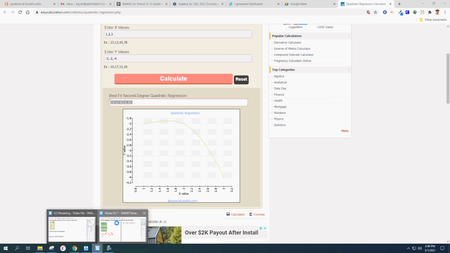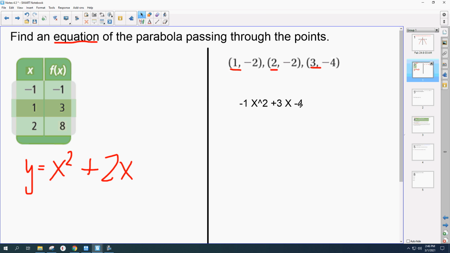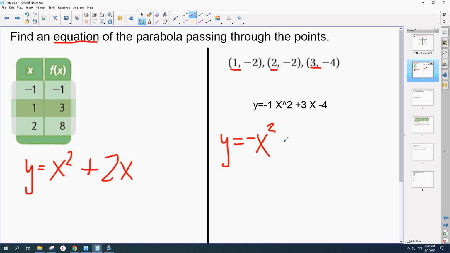Let's see if I can just copy and paste. Y equals that, or if you write it, y equals -x squared plus 3x minus 4. That's our equation.